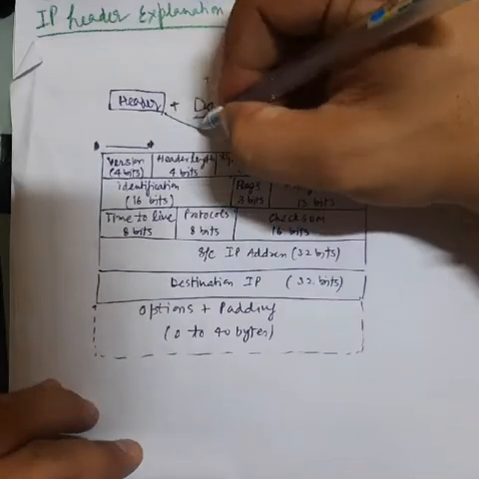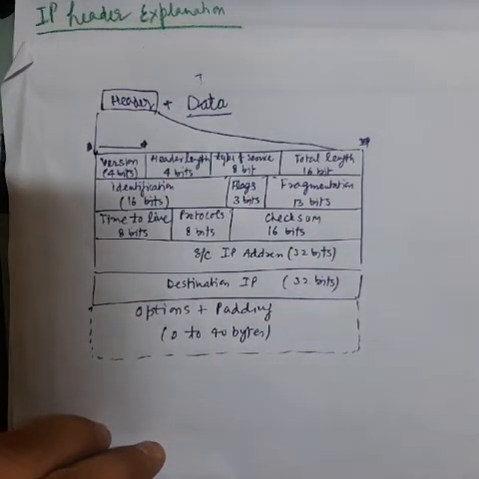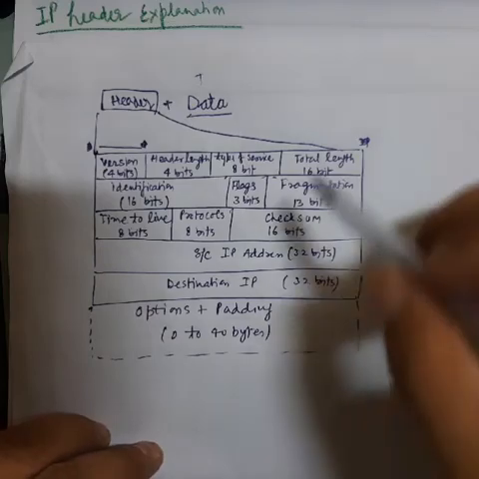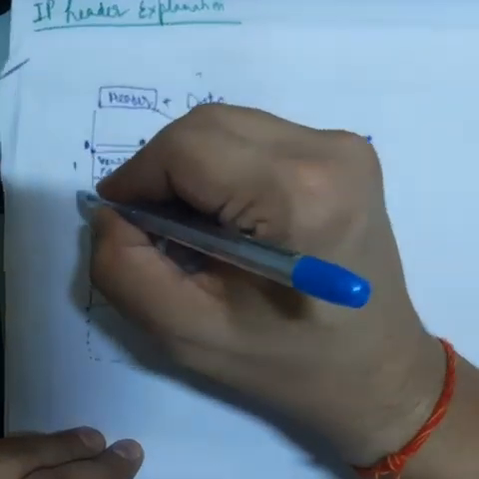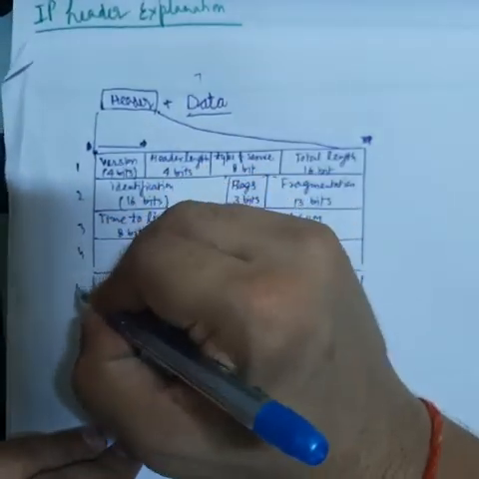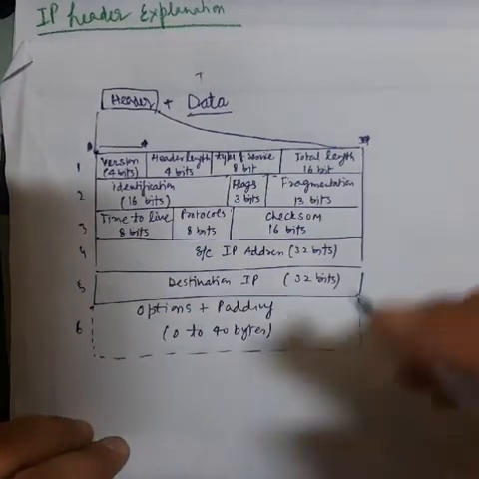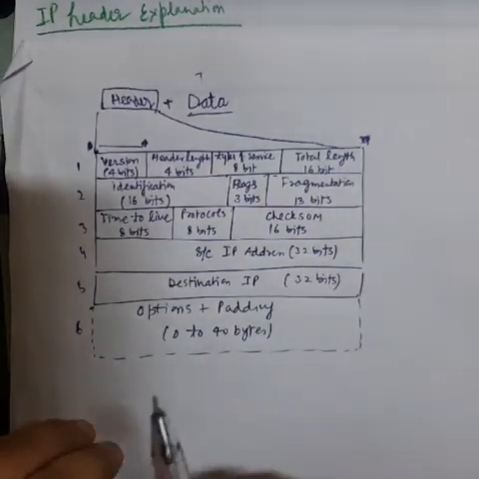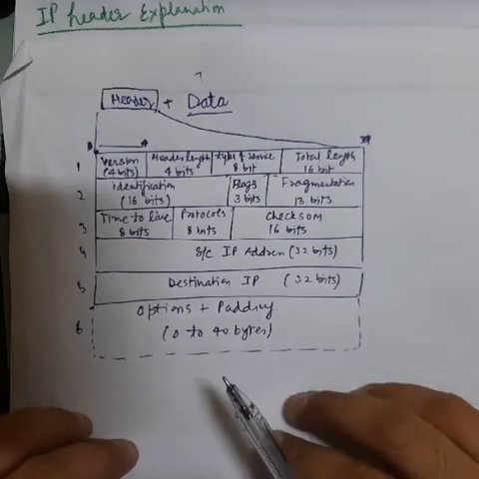So the header is represented through this diagram here. In this header diagram, each row here is 1, 2, 3, 4, 5, and additionally one more row, the 6th row. In each row we use 32 bits every time in this header.